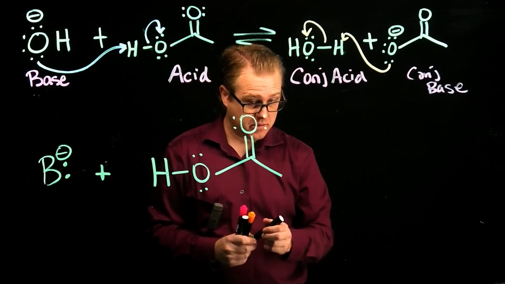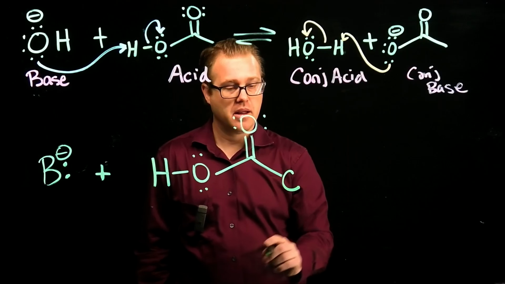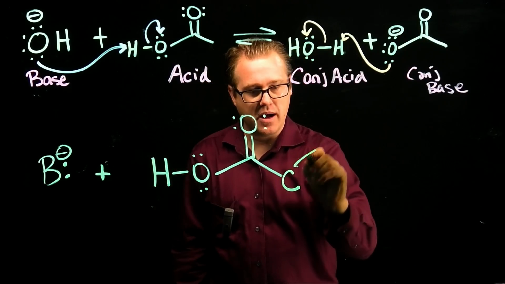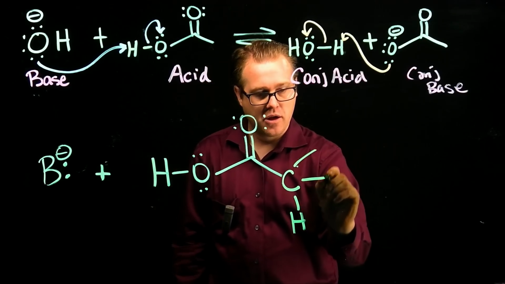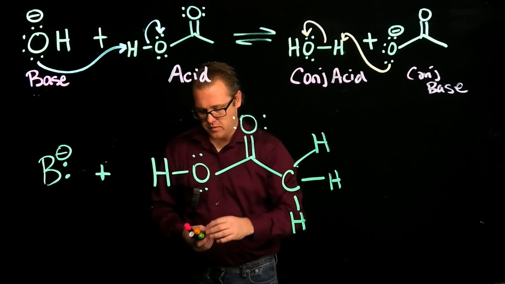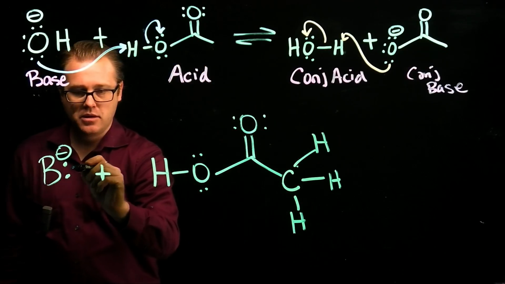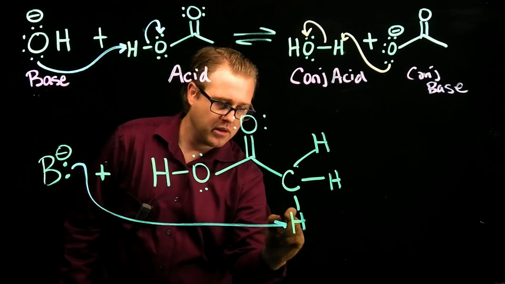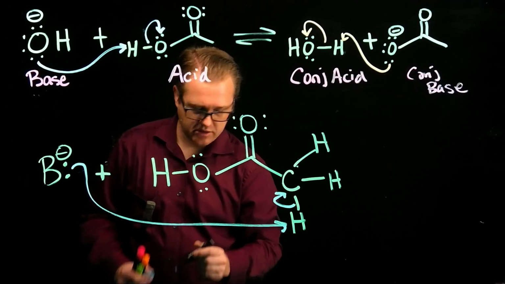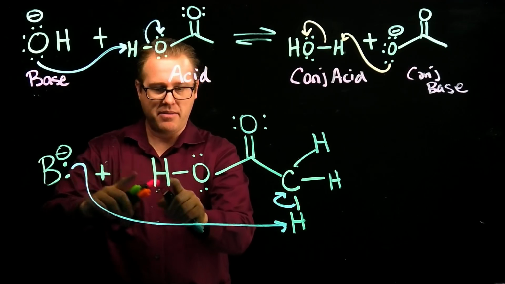But I notice that, hey, this is a carbon, and I'm going to draw it. And on that carbon, there's going to be what? 3 hydrogens. Why does the base not come and grab one of those hydrogens? Why have I been showing it grabbing this one?